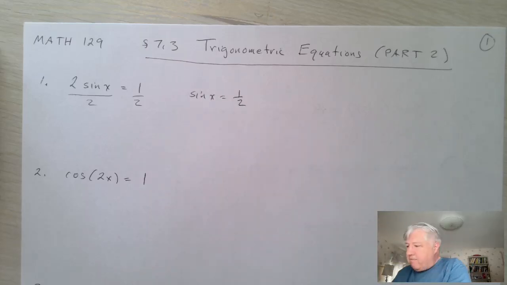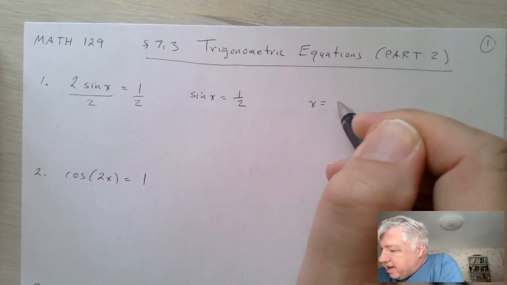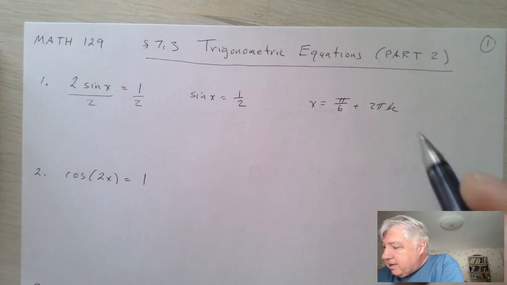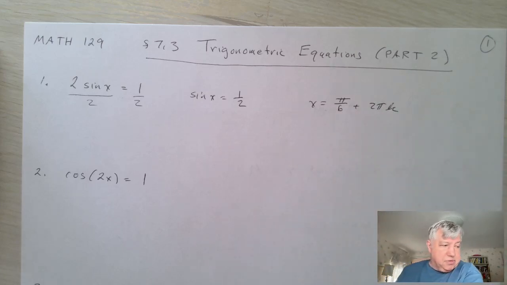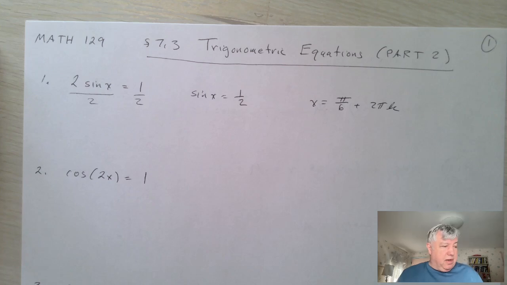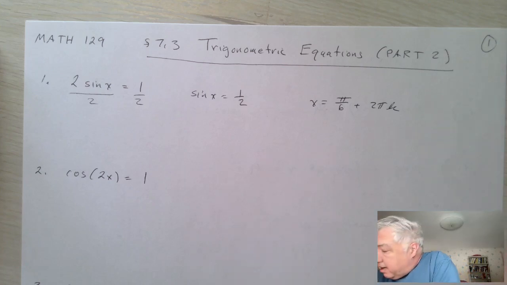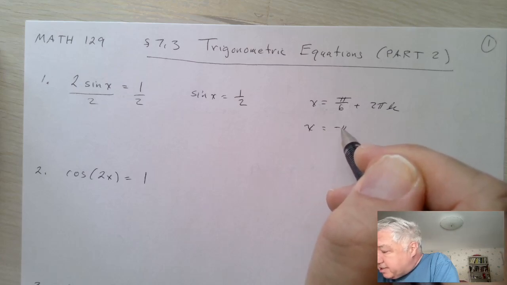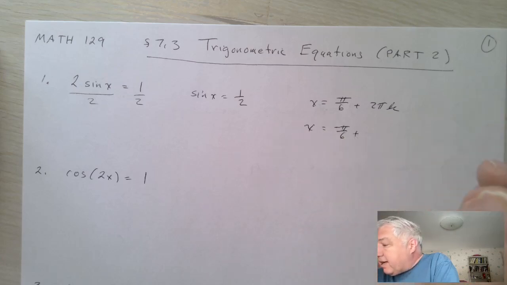And then from there, we know that the solution is going to be x equals pi over 6 plus 2 pi k. And then there will also be another solution. It will be 5 pi over 6, or actually, I'm sorry, minus pi over 6 plus 2 pi k.